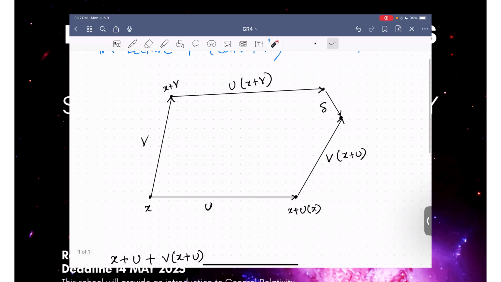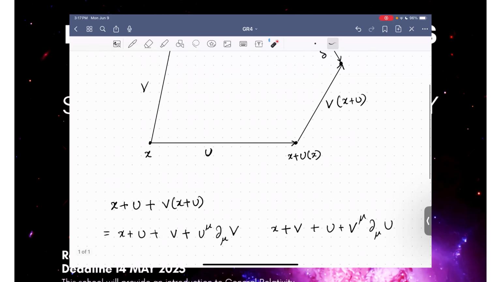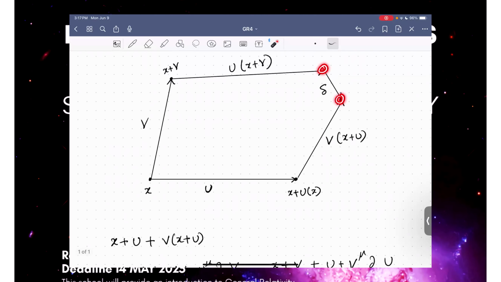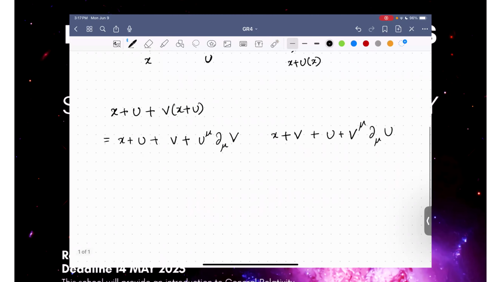So what is the difference? As you can clearly see, in order to go from here to here, we have to subtract this and add this. So we can say that delta is going to be minus v^μ ∂_μ u plus u^μ ∂_μ v.